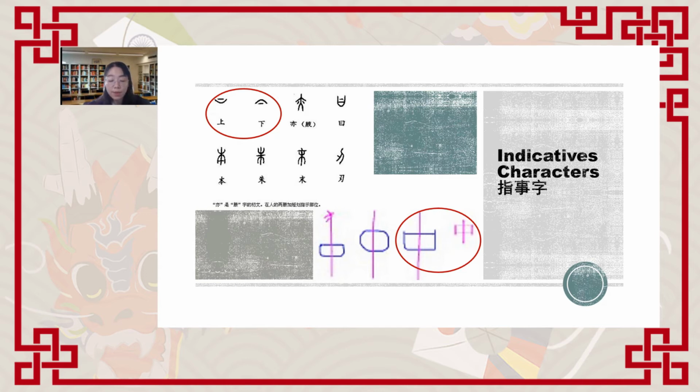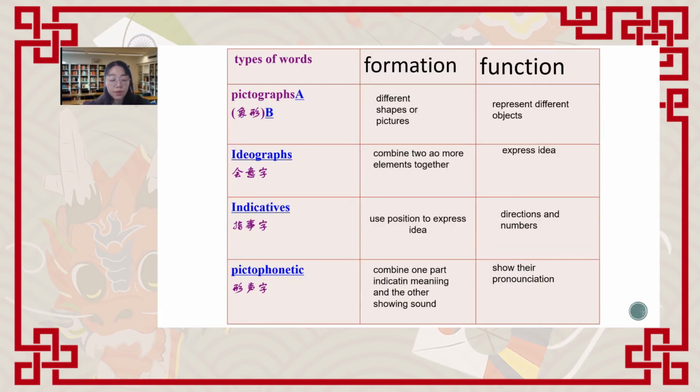The last type is pictophonetic characters, forming characters by combining the component indicating the meaning with the component representing the sound. The method is the most productive one among all character formations because of 2 reasons.